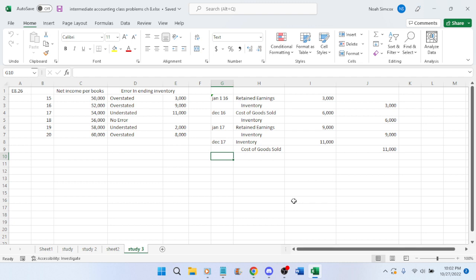Now it's end of the year. Now you have understated ending inventory. You must fix it by increasing inventory. Then you will do the opposite to cost of goods sold.